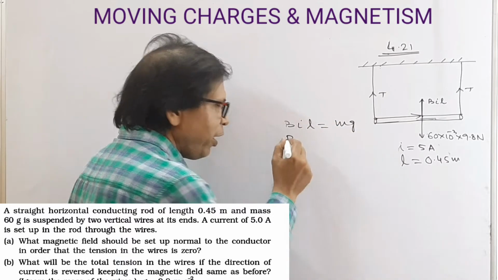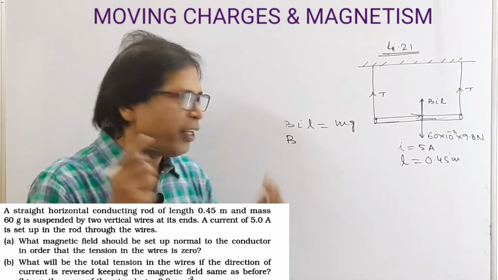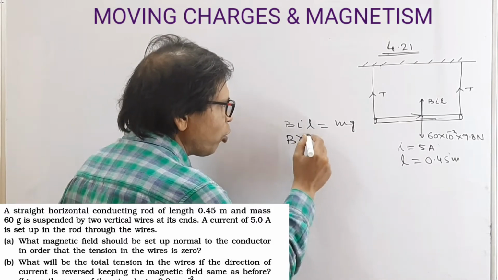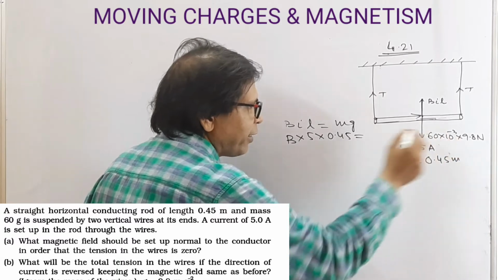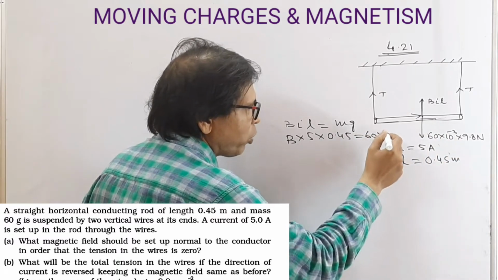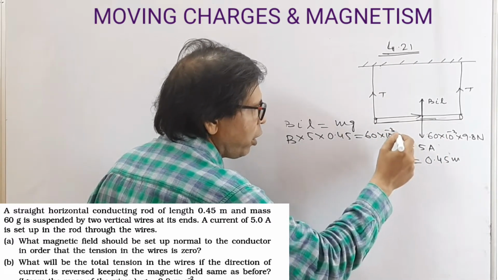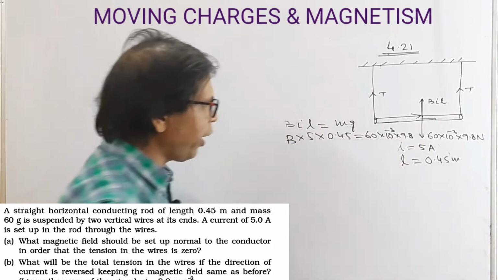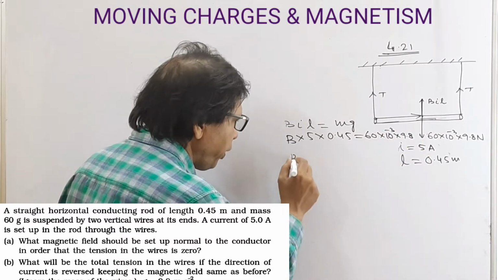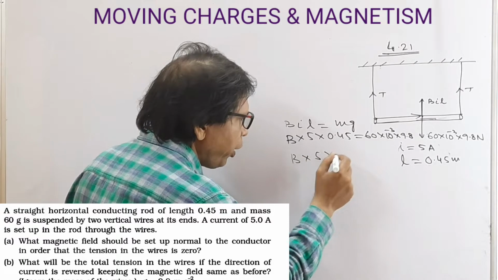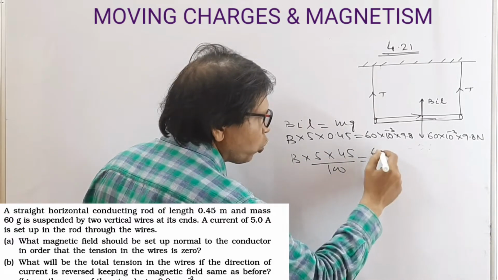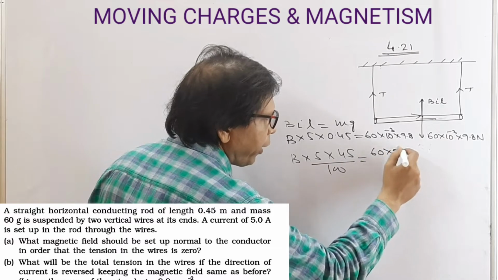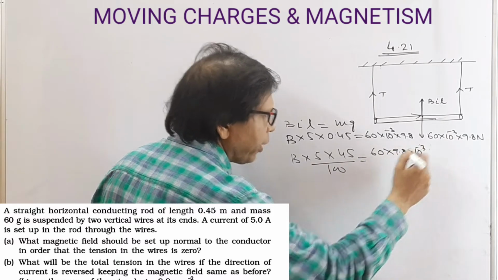So here BIL equal to mg. Now B is to be obtained. Now I is equal to 5, L equal to 0.45 and m is 60 into 10 to the power minus 3 into 9.8. Now here B into 5 into 45 by 100 equal to 60 into 9.8 into 10 to the power minus 3.